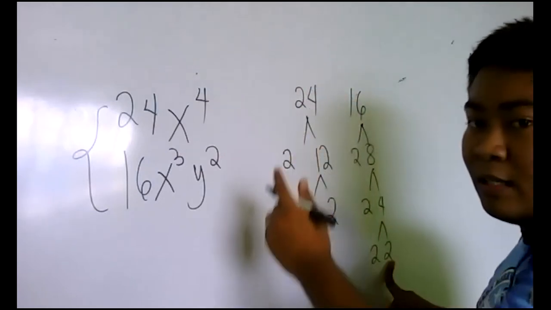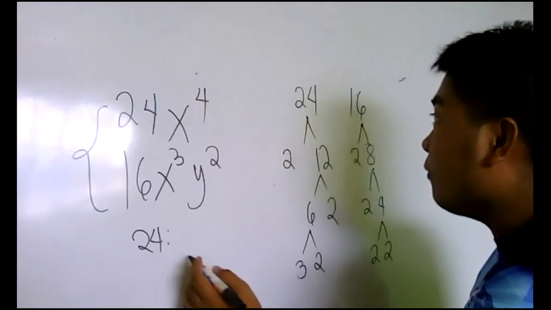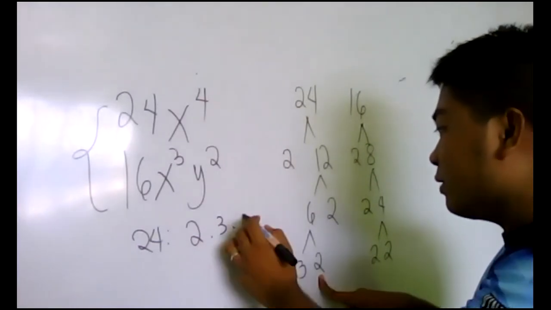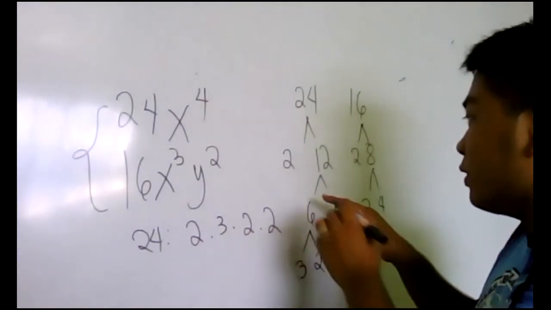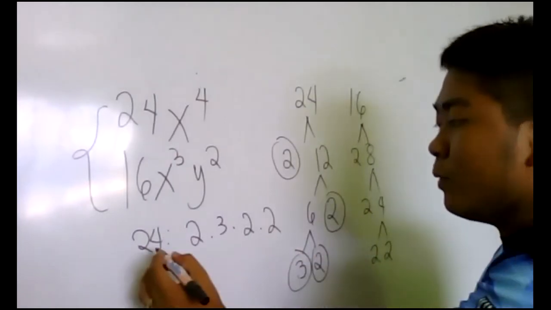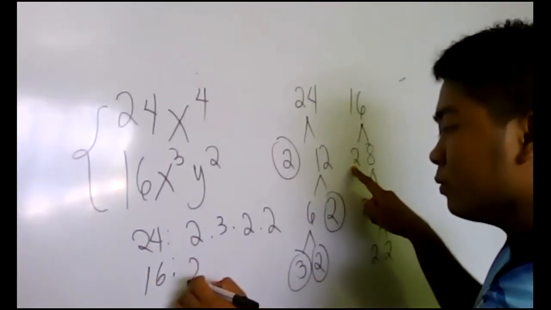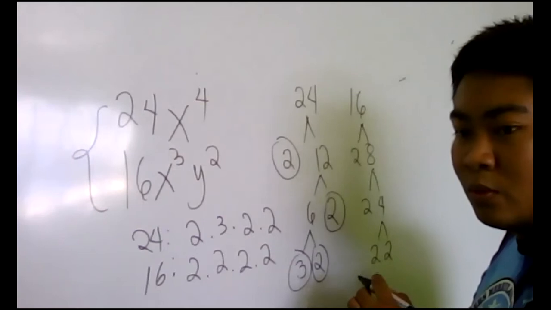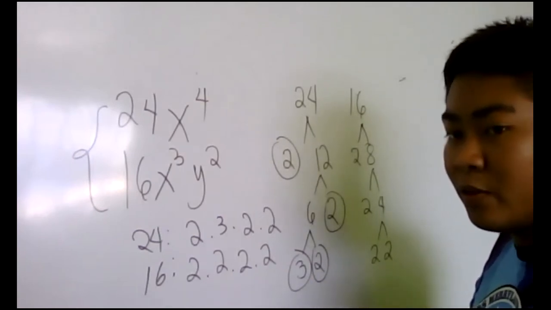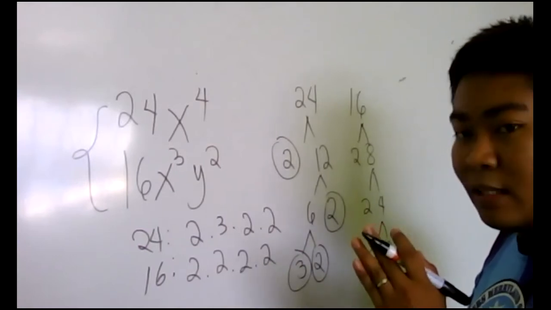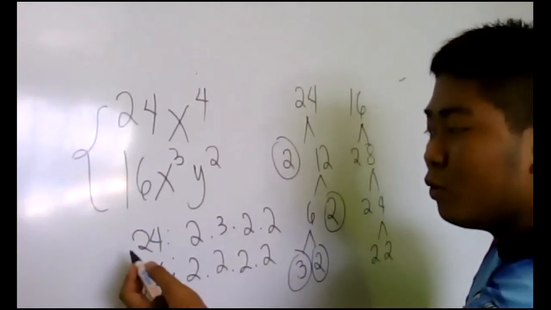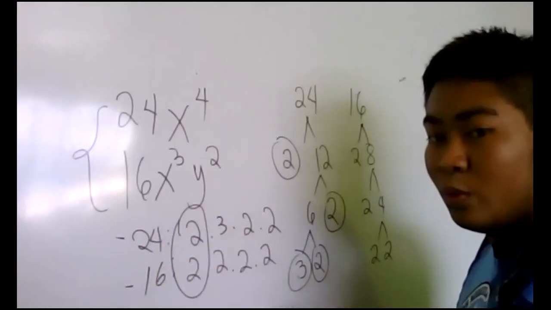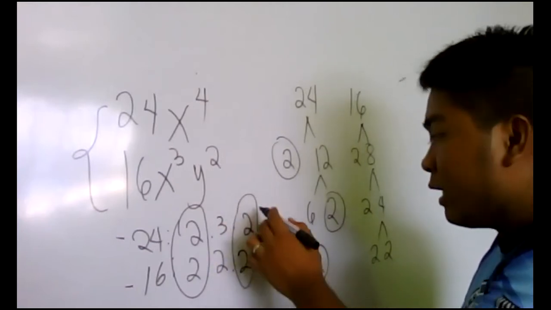So let's list down. Sa 24, we have the factors 2 times 3 times 2 times 2. So check natin, 1, 2, 3, 4. How about the 16? We have 2 times 2 times 2 times 2. So in getting the greatest common factor, you must get all the factors that are the same in 24 and 16. So the factors are 2, 2, and 2.